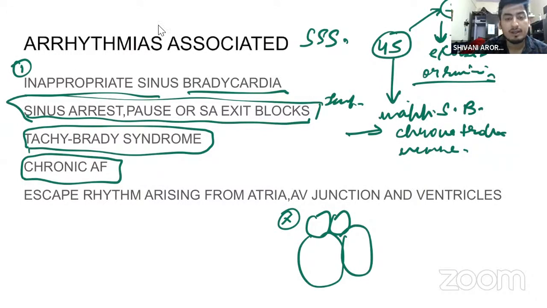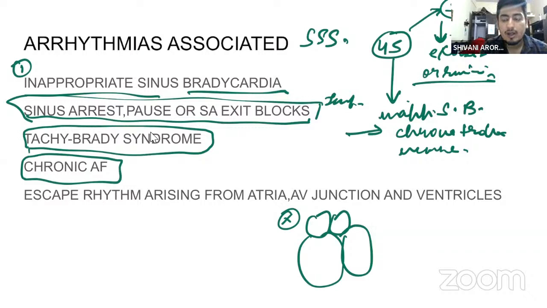So we were discussing that a patient of sick sinus syndrome would have chronic AF. Why? Since the SA node is not firing, someone should take the work of the SA node, and in most of the cases, the atria take up the work. So most of the time we have chronic atrial fibrillation, and the most common arrhythmia in sick sinus syndrome is chronic atrial fibrillation.